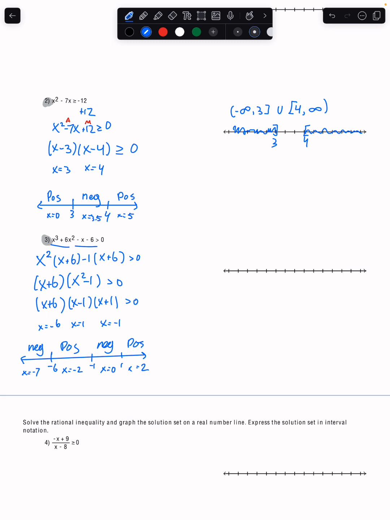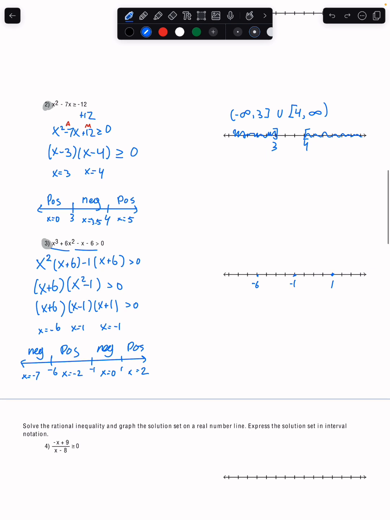So the spots where it's positive would be, let's just decide where these points are. Make this negative 1, make this 1. And we don't include the endpoints, so instead of these brackets up here, we'll just use parentheses. At negative 6, it's positive on the inside piece, so it goes like this and stops at negative 1.